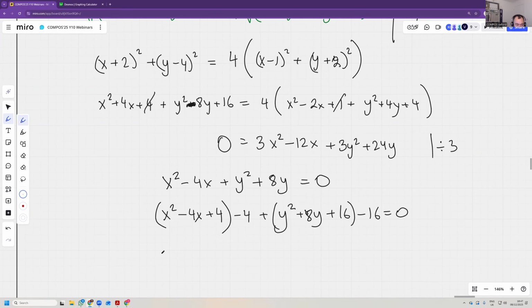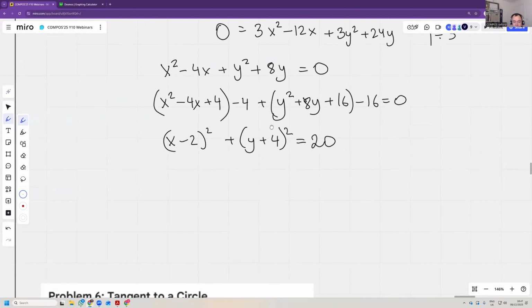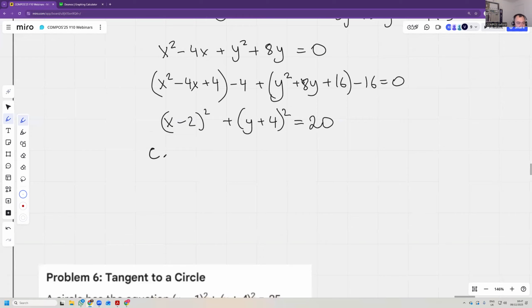And then we wrap it up: x minus 2 squared plus y plus 4 squared equals 20. So this is a circle, center 2, -4, radius square root of 20.